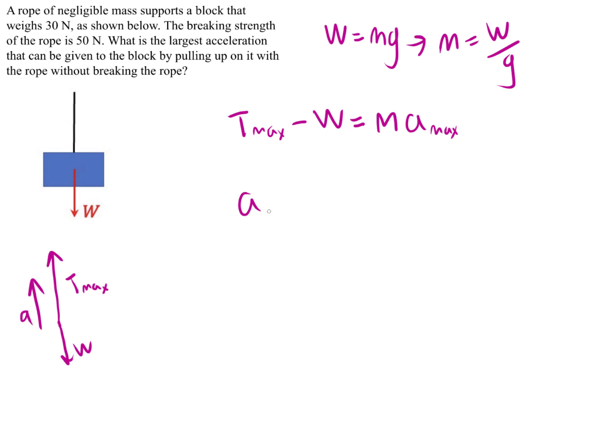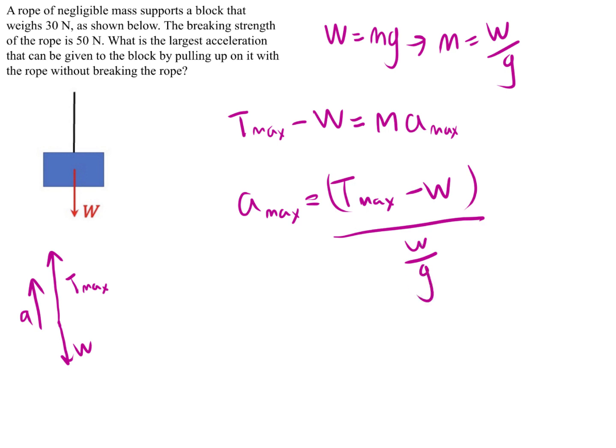The max acceleration is equal to the max tension minus the weight divided by the mass, or we can replace that with the weight force divided by the gravitational acceleration, which simply becomes this expression. So the maximum acceleration is equal to the maximum tension of the rope minus the weight of the object times the gravitational acceleration of 9.8 meters per second squared divided by the weight of the object.